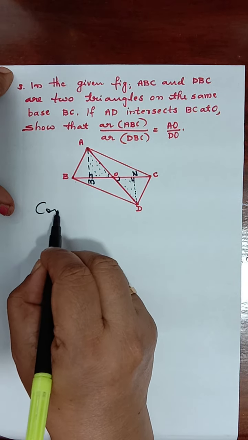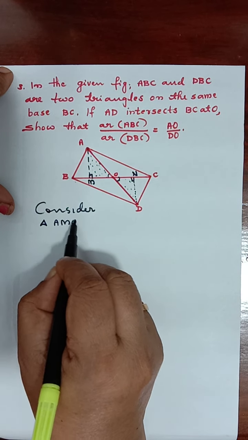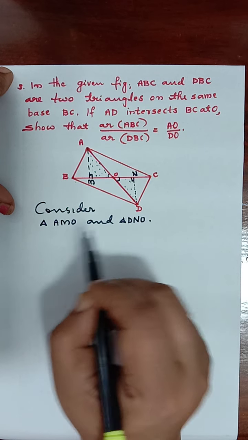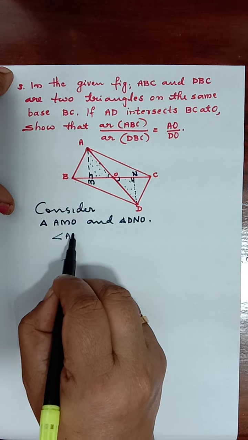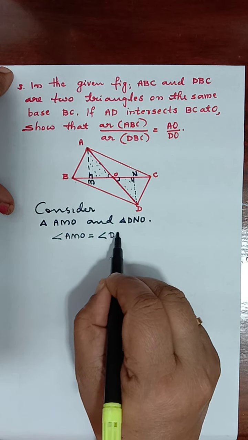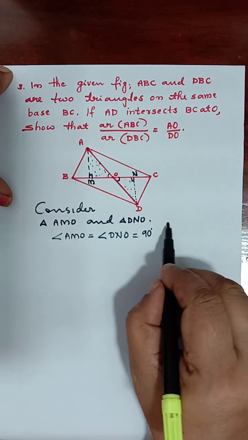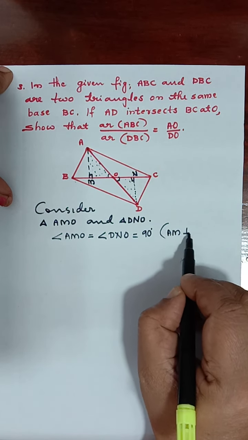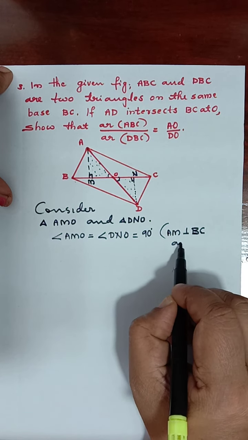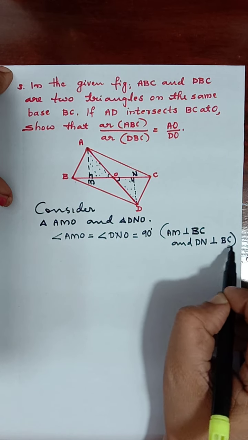So consider triangle AMO and triangle DNO. Angle AMO is equal to 90 degrees, we know. Angle DNO is also equal to 90 degrees, because AM is perpendicular to BC and DN is also perpendicular to BC.